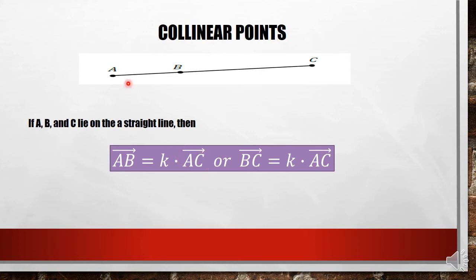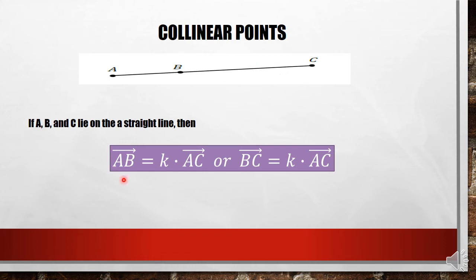As you can see in this picture, AB and AC are on the same line, so they have the same direction, with different lengths.